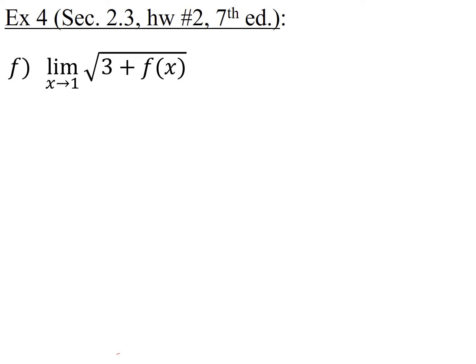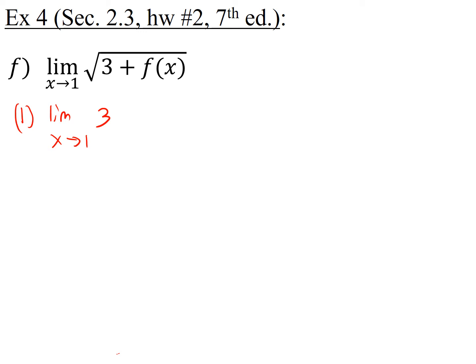So let's write down, remember we're trying to find the limit of just the inside first. So we need the limit of 3 and the limit of f to both exist. So I'm going to write those things down first. So first thing, limit as x goes to 1 of just 3. That limit exists from limit law 7.